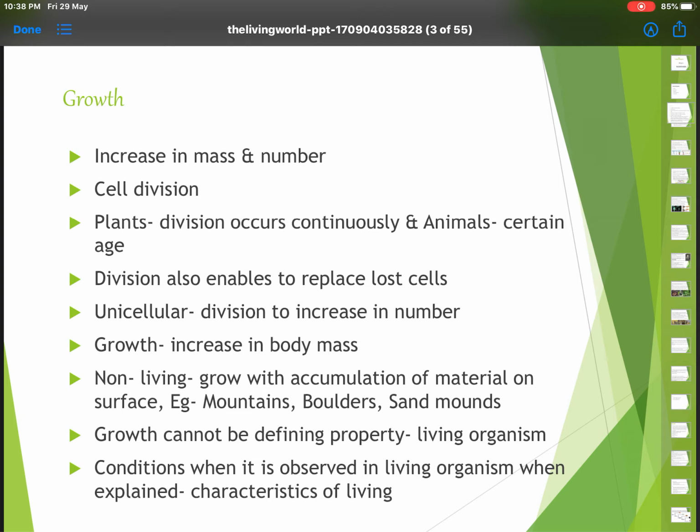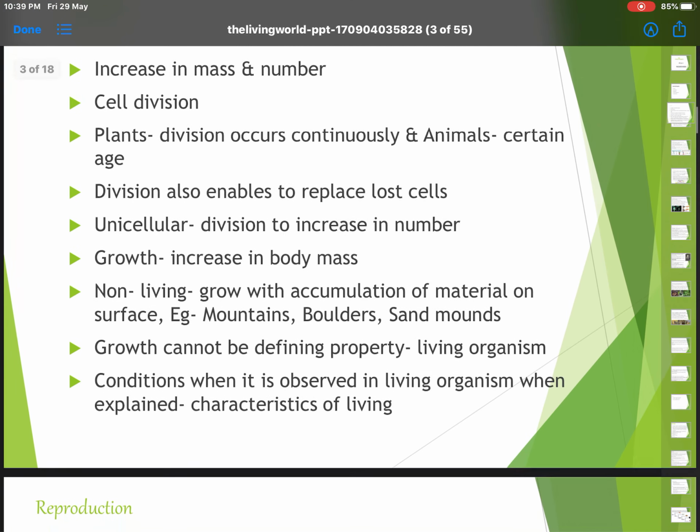We grow in certain periods, and after that period our growth will cease. So the division also enables replacement of lost cells, as and when the young cells become old, and the old cells are worn out and replaced by younger cells, and this happens because of growth.